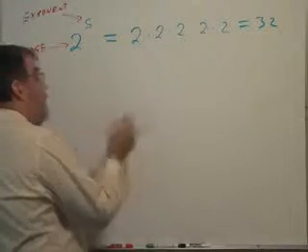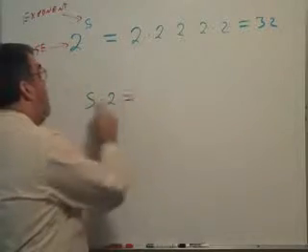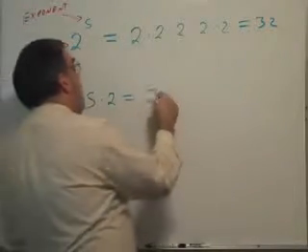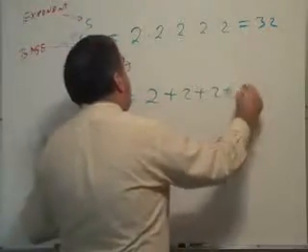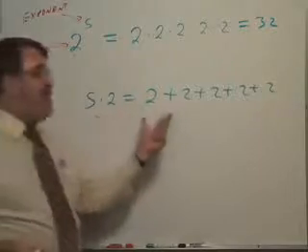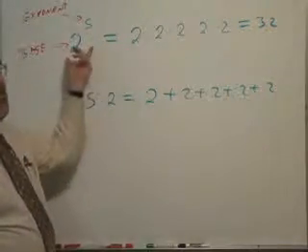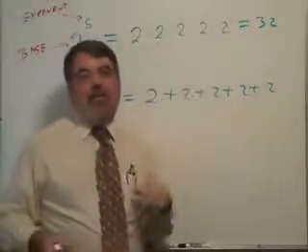Because, for example, what is 5 times 2? Well, 5 times 2 means to add 5 2's together. So multiplication is a repeated addition. And exponentiation is a repeated multiplication.